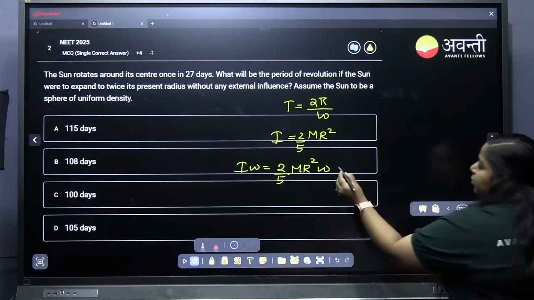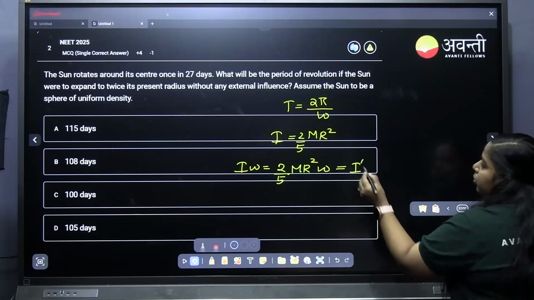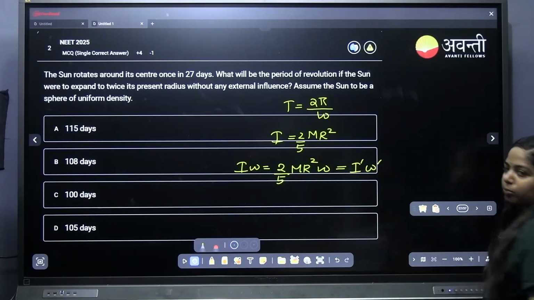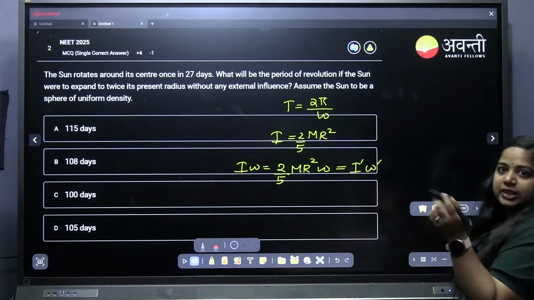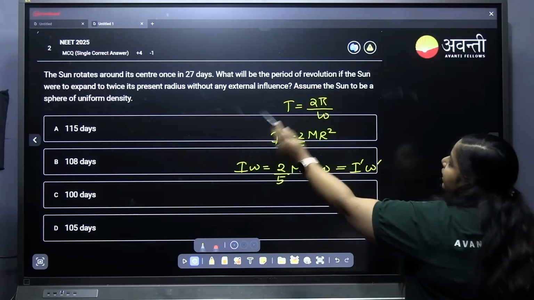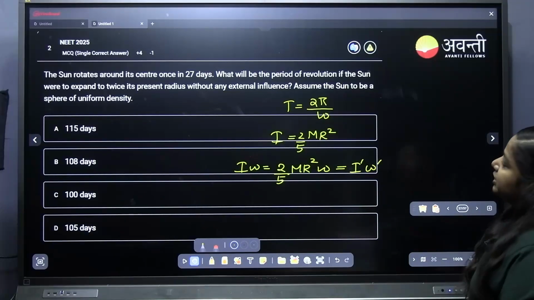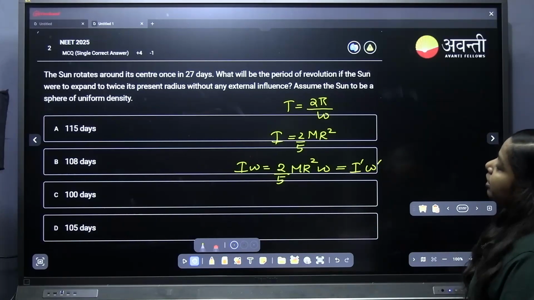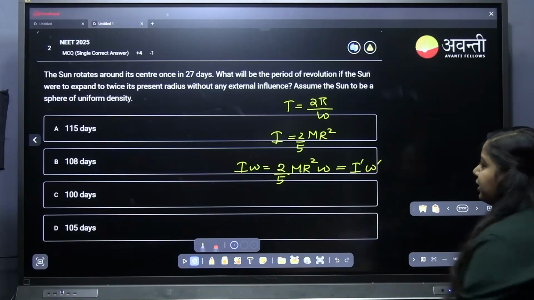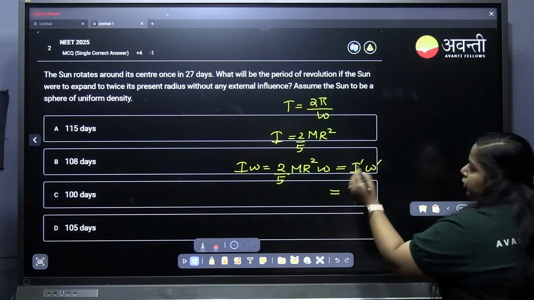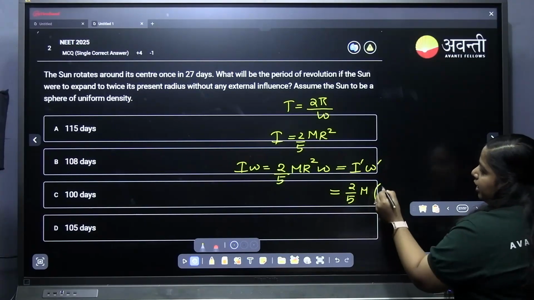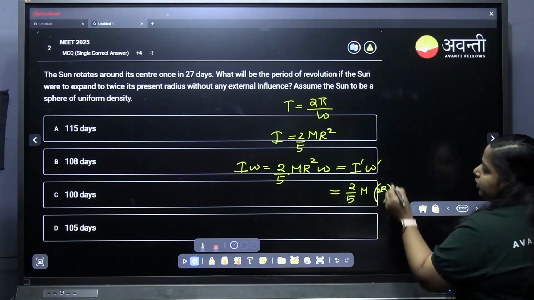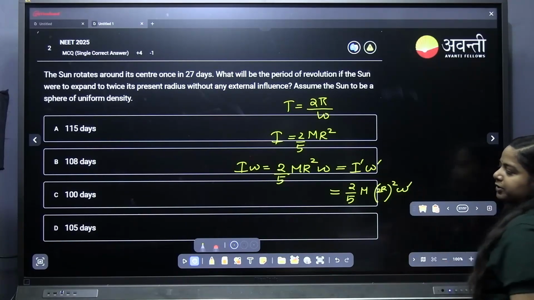Now final momentum will be new inertia into new omega. Okay, here new moment of inertia, how it is changing: mass is not changing, sorry, radius is becoming double. So new I will become 2 by 5 m into 2r the whole square into omega dash.